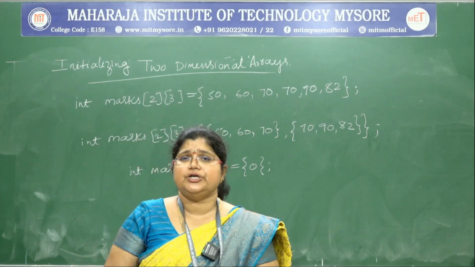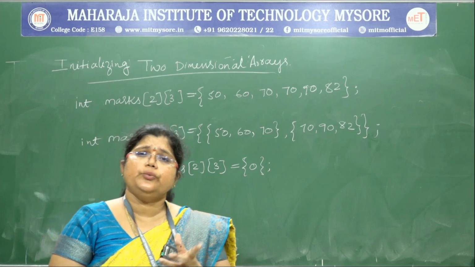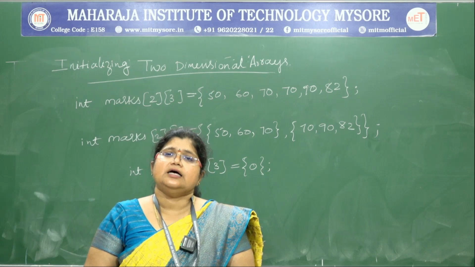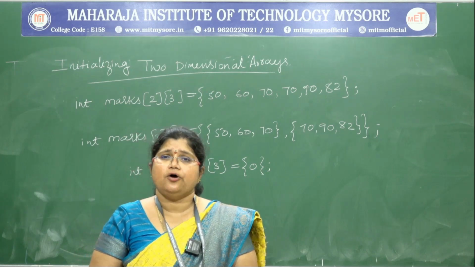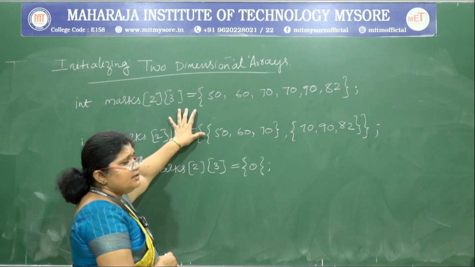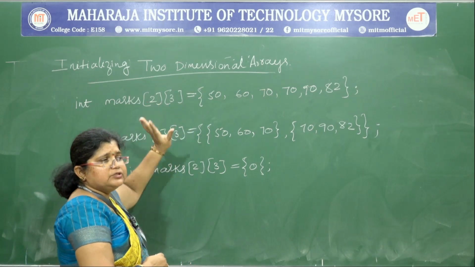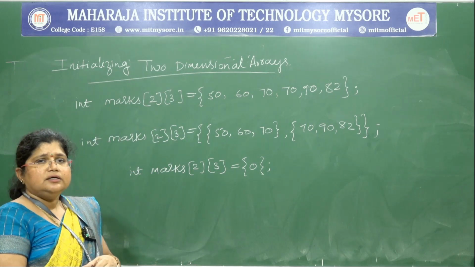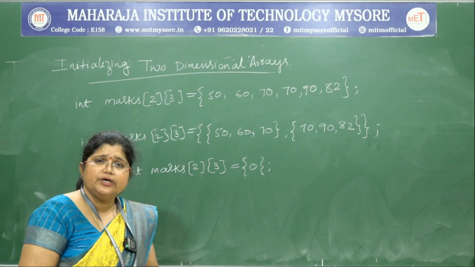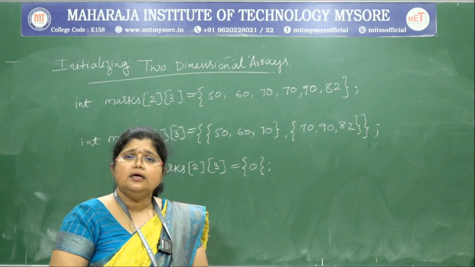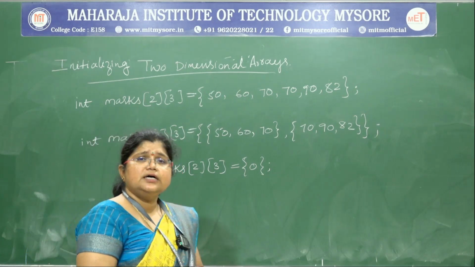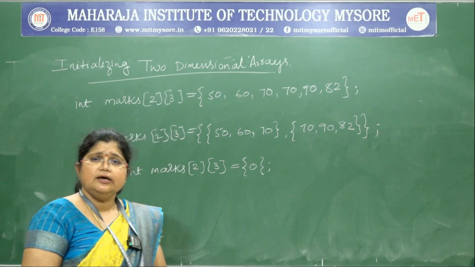While performing initialization, there are two ways we can initialize. The first method is by using the assignment operator, to assign the values to particular rows and columns. Now let us look at this example, with which we are going to understand how we can assign or initialize the values to two-dimensional arrays.